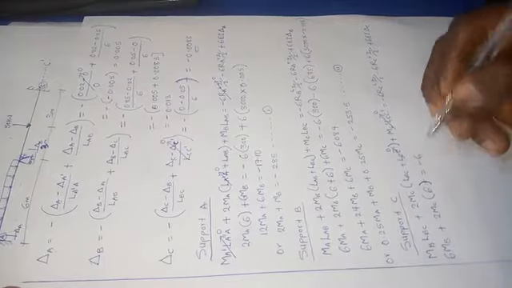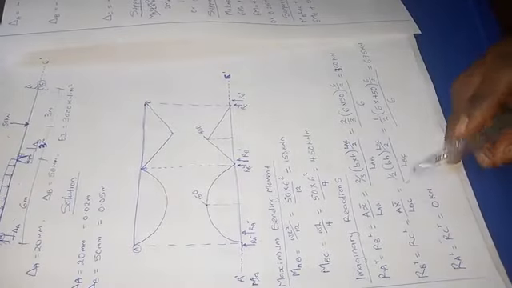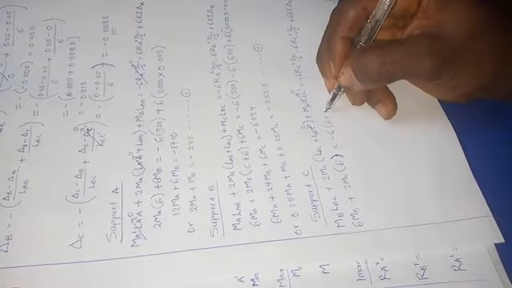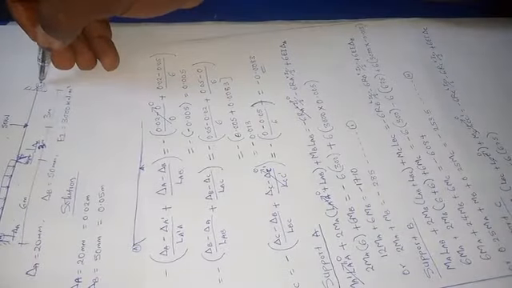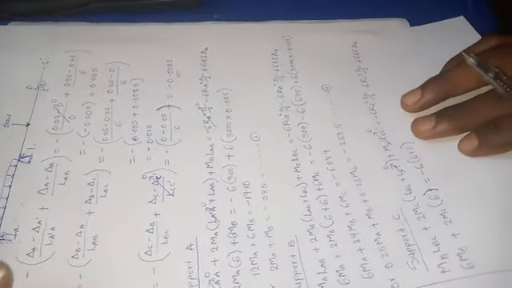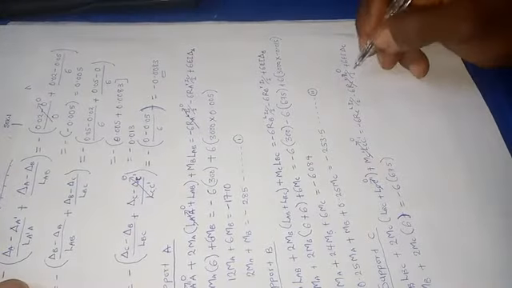This is equal to minus 6. The reaction at C left from our question was 675, so I'll substitute 675. The reaction at C right is the imaginary part of C, so everything here turns out to be 0.